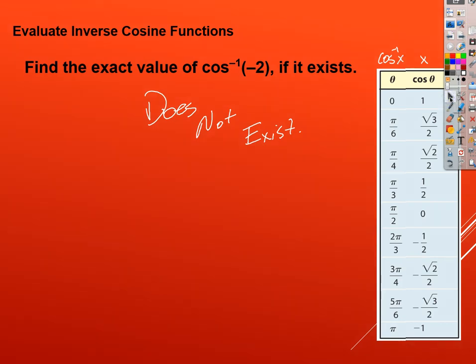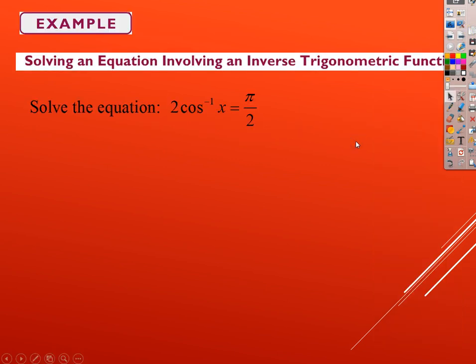So what's next is, well, how can I use these to solve equations? Oh, gosh. So here I have this equation, 2 cosine inverse of x equals pi over 2. Well, when we solve stuff like this, what I like to do is treat this inverse cosine piece as a big giant unknown. I'm going to call it u. So if I treat it like that, I can say 2u is equal to pi over 2.